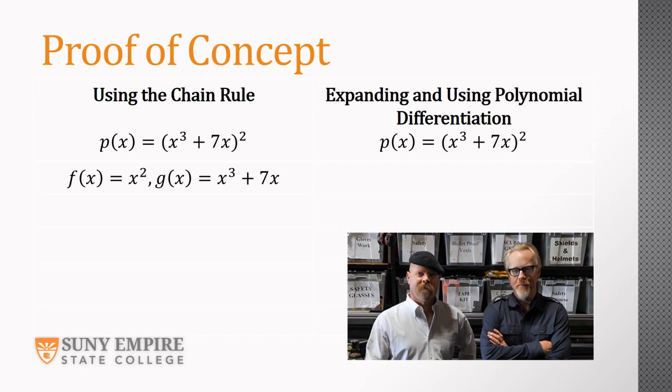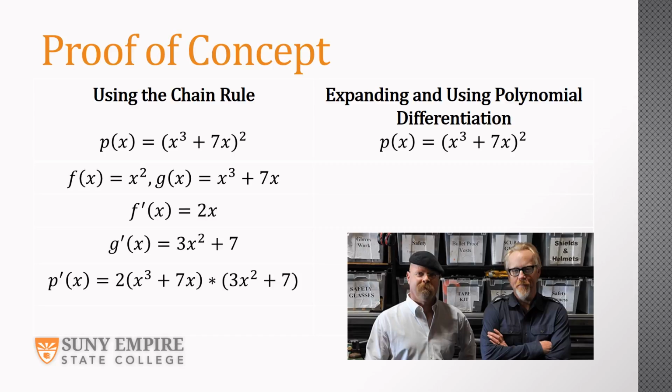We recognize that the outside function, f of x, is x squared. The inside function, g of x, is x cubed plus 7x. The derivative of the outside function, f prime, is 2x. The derivative of the inside function, g prime, is 3x squared plus 7.